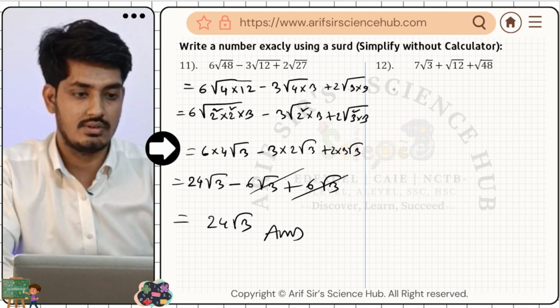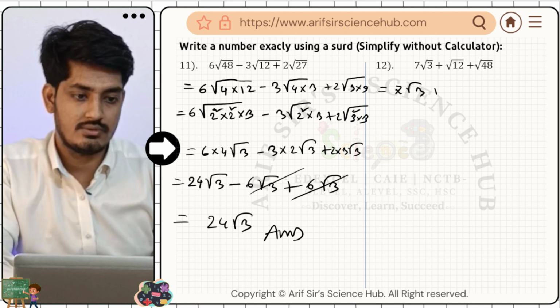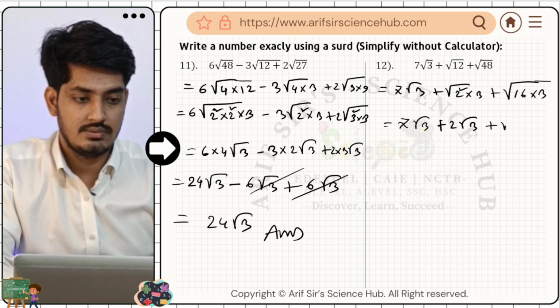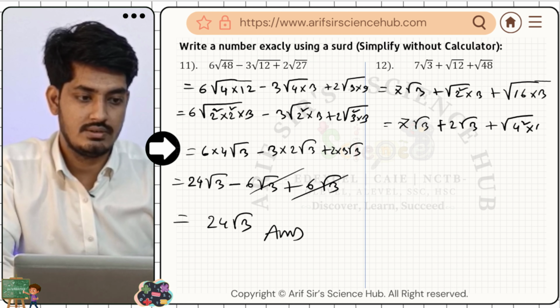Now we can solve this exercise 12. So how we can solve this? 7 square root 3 plus 2 square into 3 plus 16 into 3. So 7 square root 3 plus 2 square root 3 plus 4 square root 3.